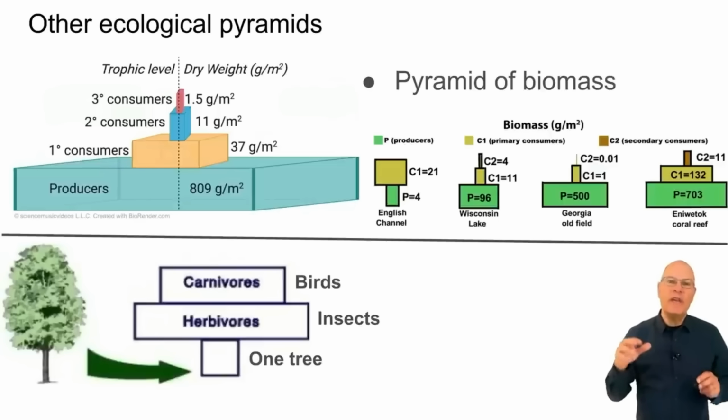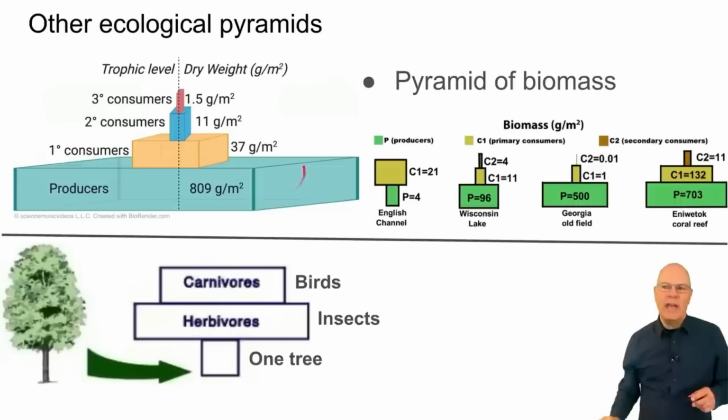One is the pyramid of biomass, and what that shows is how much living mass is passed from one trophic level to the next. And that's usually mass with water removed. It's the dry weight of all of the producers compared to the dry weight of all of the consumers.